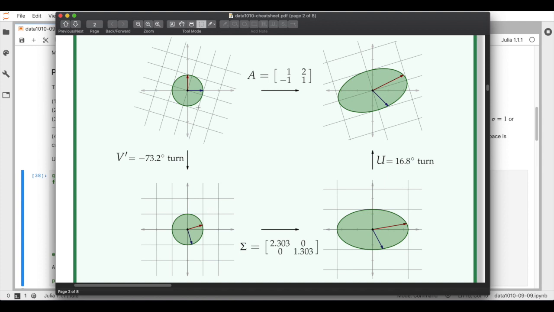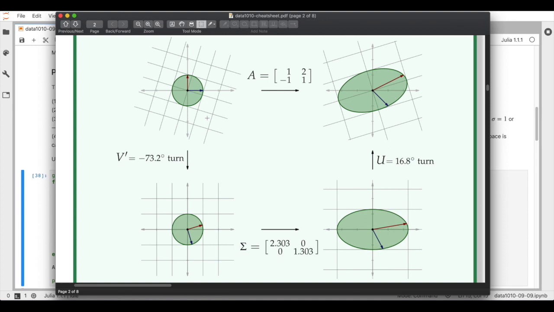And likewise, the axes here are going to be specified by columns of V, because we want to look at where E1 and E2 go going up from the bottom of the picture to the top. And that's going to be specified by columns of V transpose inverse, since V transpose is going down and we want to go back up.